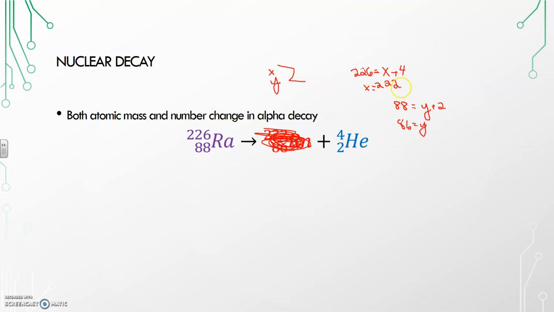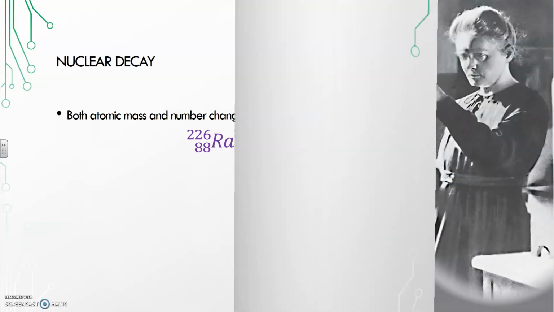So then you put 222 over 86, you look up what your 86 element is, and you get Rn. So that goes right here. This is just showing you how you get that again right there.